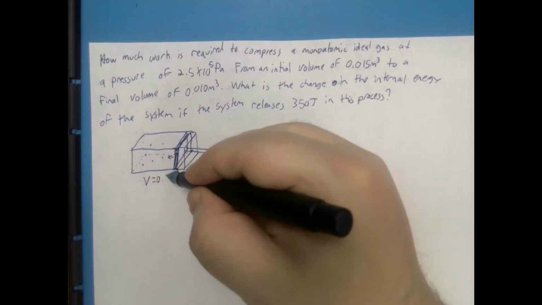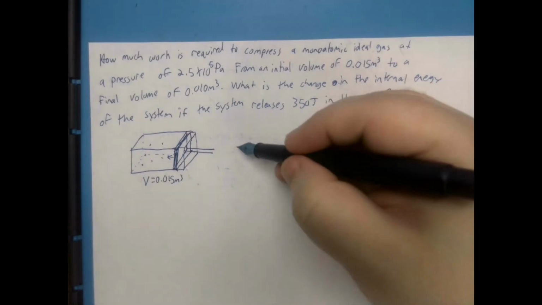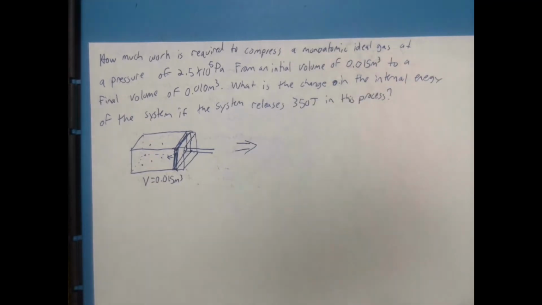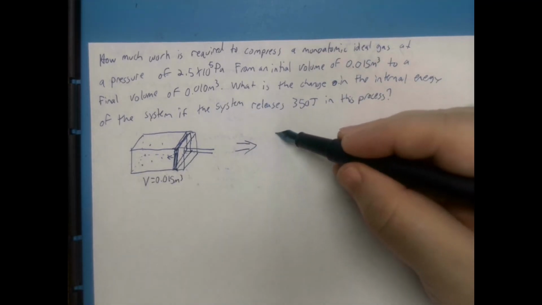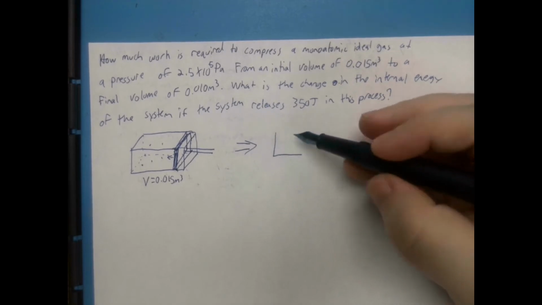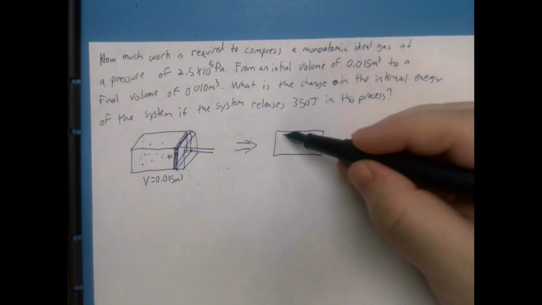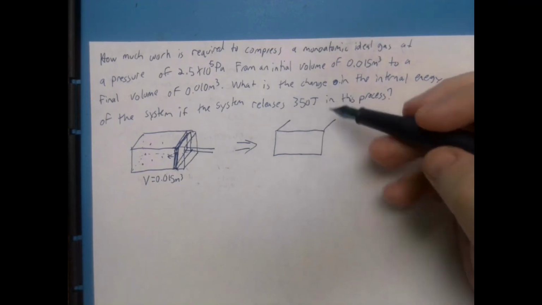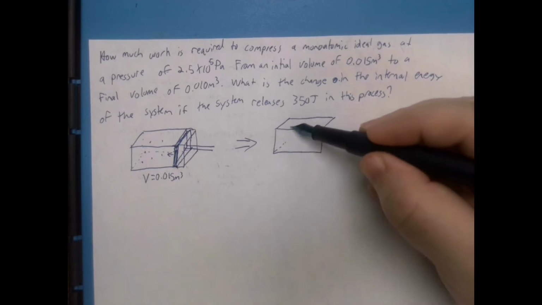is 0.015 cubic meters. And we're wanting to push this piston in to compress the gas. We're trying to figure out the total energy and also the work involved.